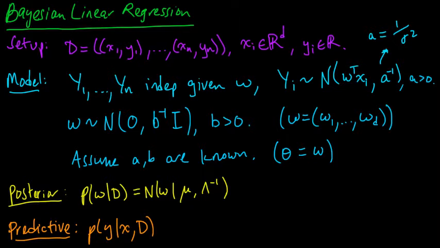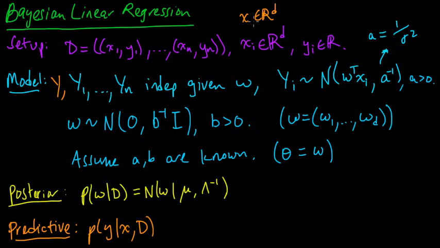And now, to be confusing, I'm going to use the same little y in this video, but for a different purpose. In this video, I'm going to use little y to denote the value of a new y, which corresponds to a new little x in R^d.